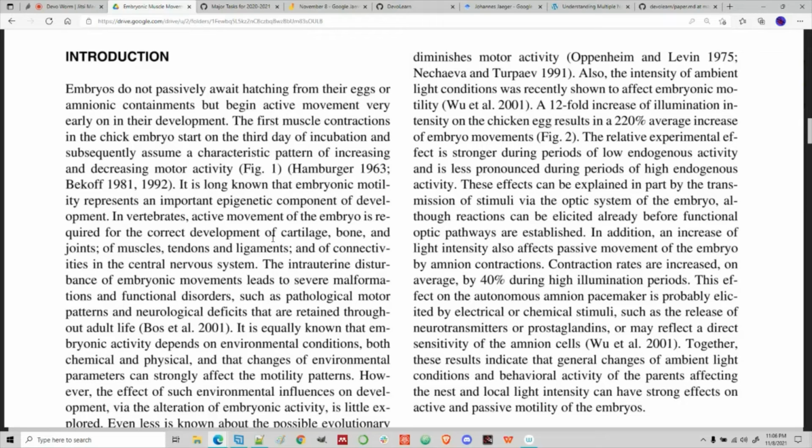And if you've ever eaten veal, that veal is where they take cows and they don't let them move, and that results in a softer muscle tissue, and then they take that muscle tissue and use it for the veal. And that's a very common thing actually in cows. When they make meat in a culture dish, they have to ensure that the tissue is stimulated with electricity in order to give it the texture of meat.